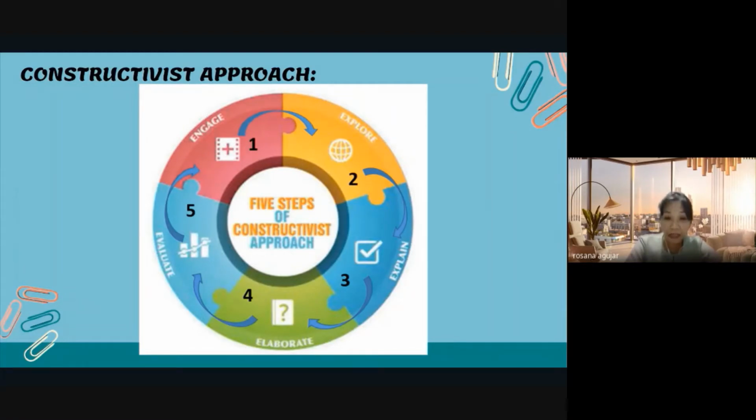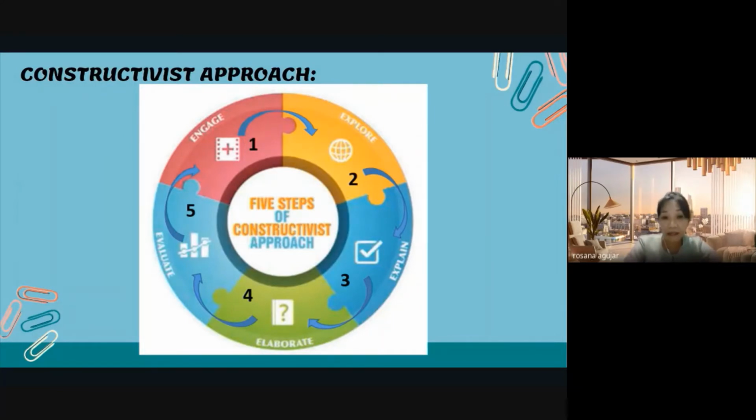After explaining, the elaborate step will follow. During this step, the teacher serves as a guide to the students about the concepts they form. So the teacher will give more elaborate explanations.